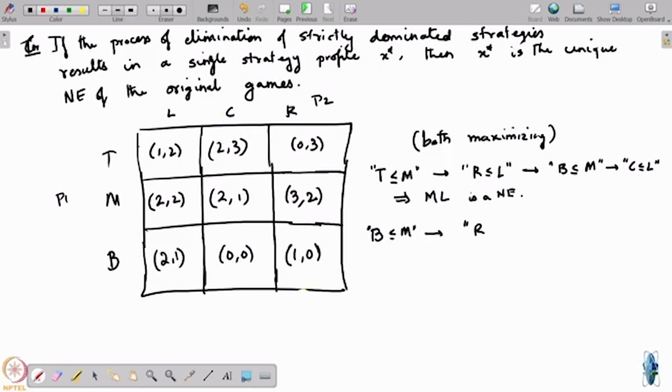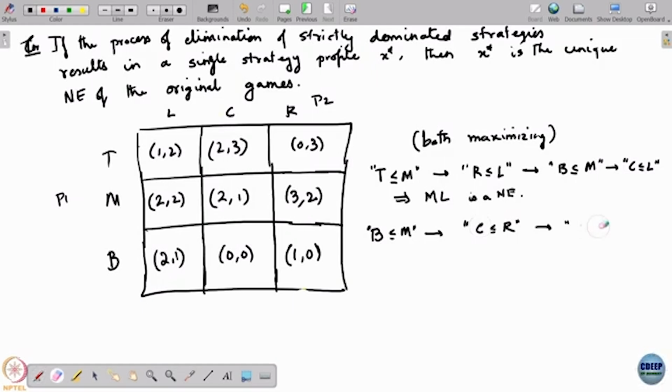R dominates C, so C is less than or equal to R. So, you can remove C, and you are left with T, M and L and R. Then R actually dominates L, so L is gone. Actually R dominates both C and L after having removed B, so you can get rid of both.